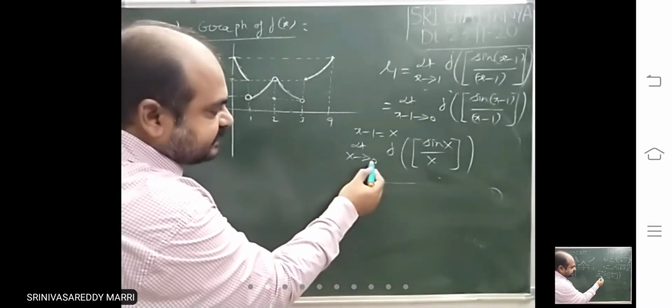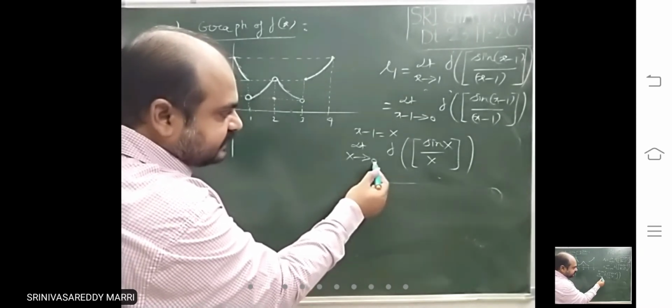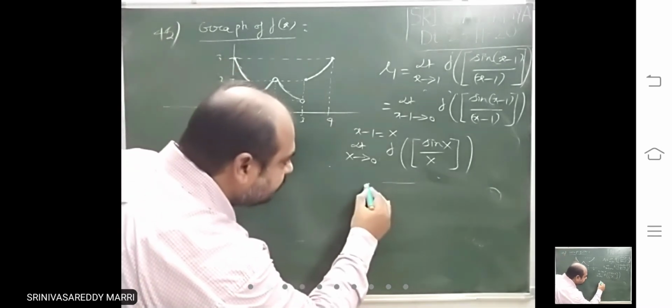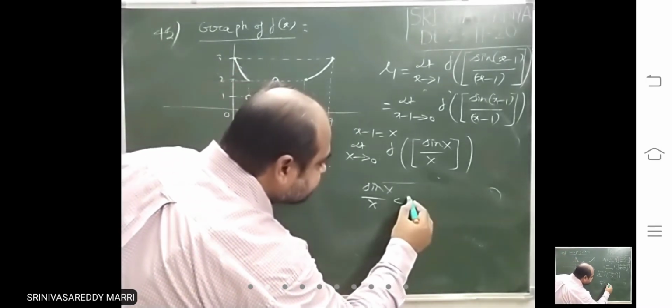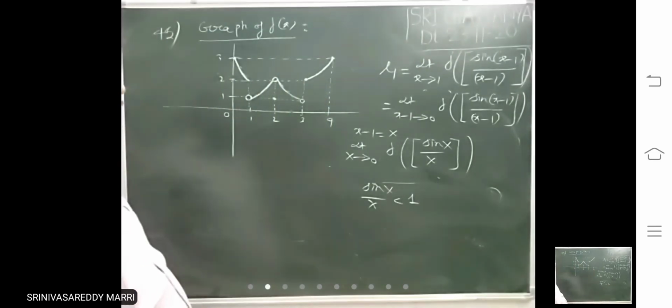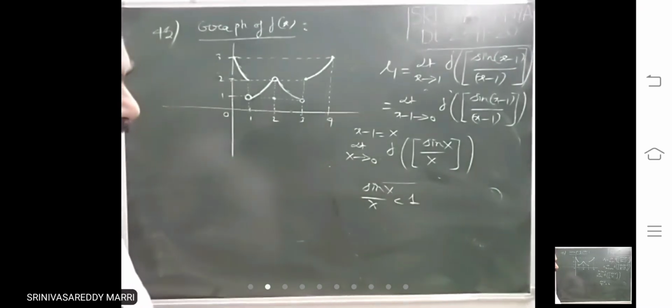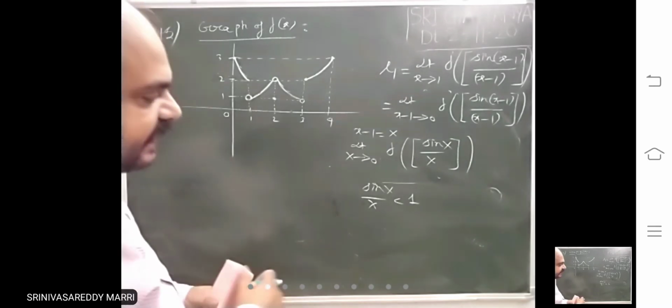Now you know about sine x by x. When x tends to 0, in the surroundings of 0, just greater than 0 or just less than 0, sine x by x is always less than 1. I have told 4 inequalities: sine x by x less than 1, x by sine x greater than 1, tan x by x less than 1, x by tan x greater than 1.